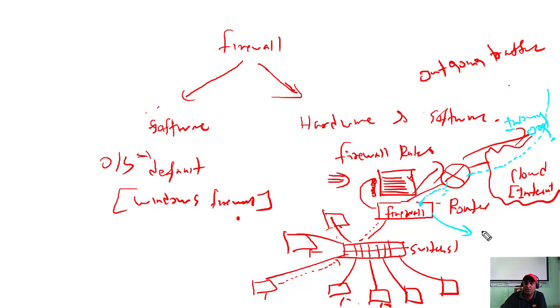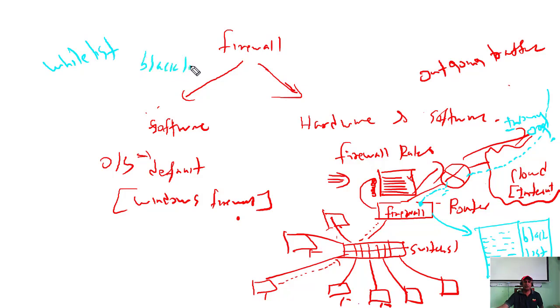When the incoming traffic arrives at the firewall, the firewall checks whatever the incoming traffic rules are. Normally we have some lists called blacklist and whitelist. This is a very good point, right?